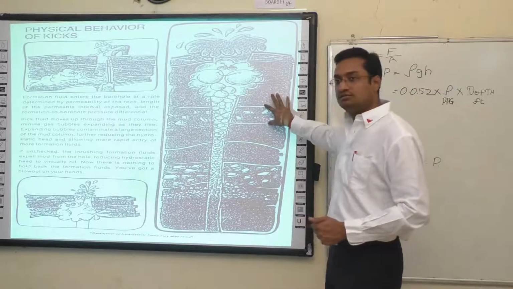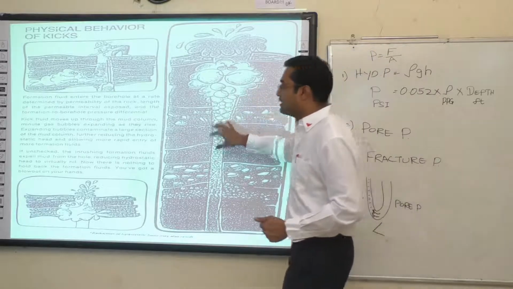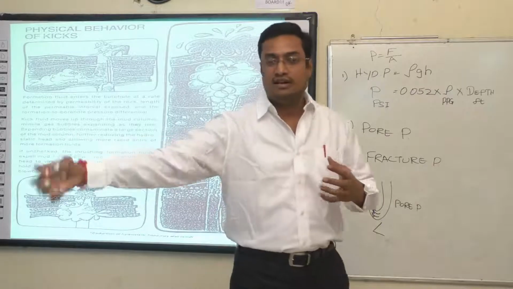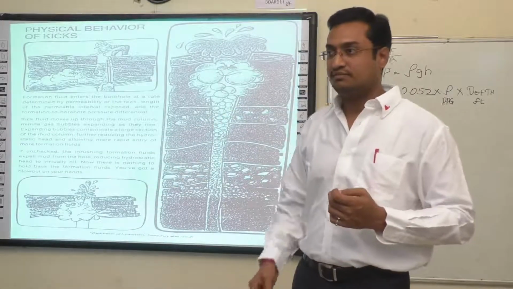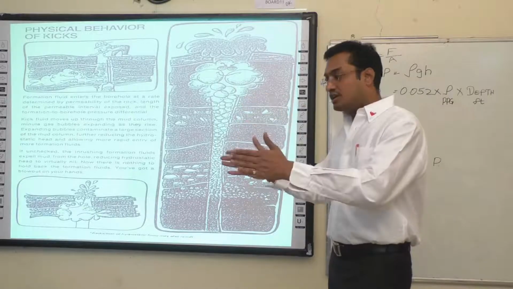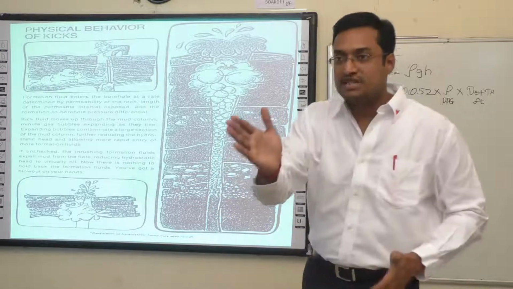That depends on the permeability. Permeability is the ease of flow of the oil in the formation. If the permeability is more, the rock can transmit fluids at a faster rate.